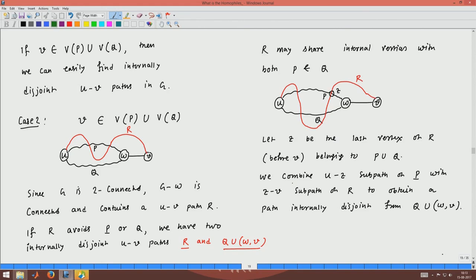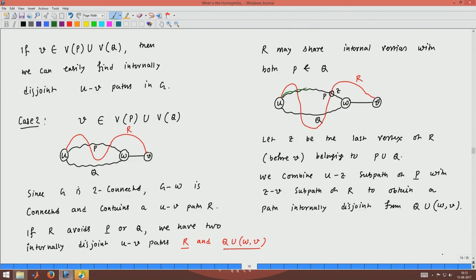So, under this situation I need to find two internally disjoint paths between U and V. The one path is this path, the UZ subpath of P union the ZV subpath of R. Okay, I should draw it in this way.